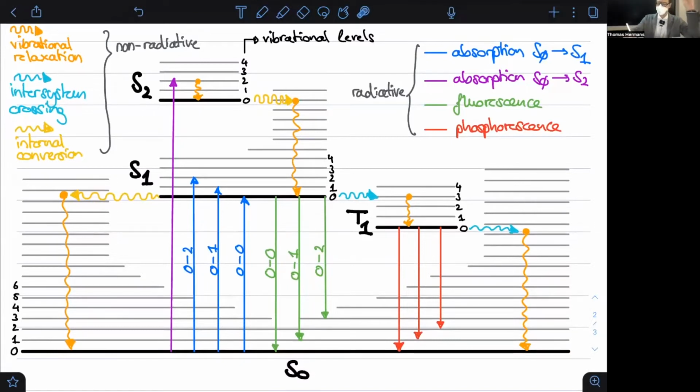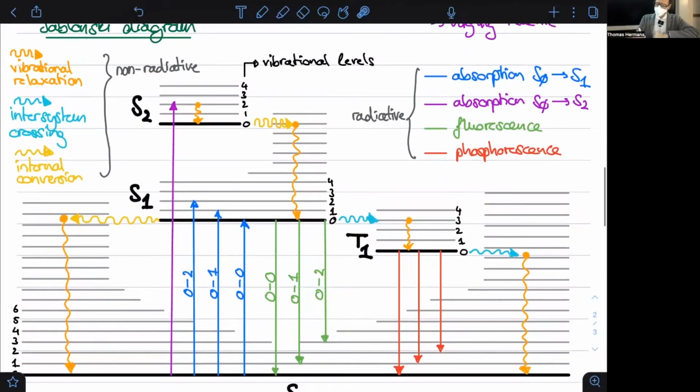Remember? So the big black things are electronic states. Okay. All these small lines here, they are what? Vibrational states, right? Or as we will see later, people also call them vibronic states, which means vibration plus electronic, vibronic. We'll get back to that.